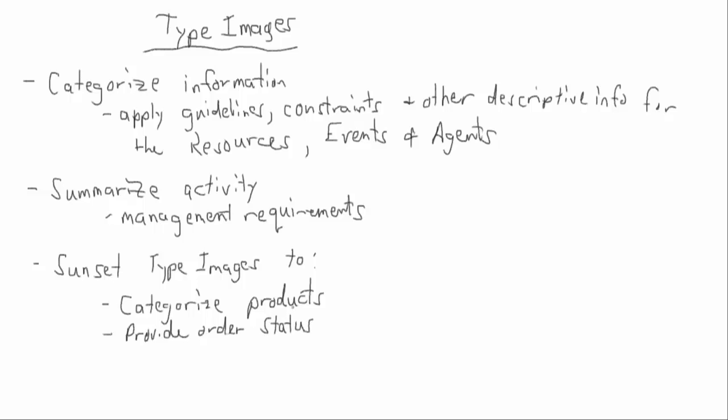So we might want to group orders by those that have been fulfilled, those that are still in process, those that are back ordered, or those that have been delayed for some reason. And then also, the way Sunset has decided they want to assign their business partners, they're going to assign business partners to manage product categories.